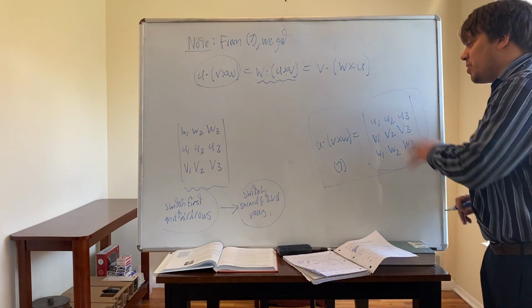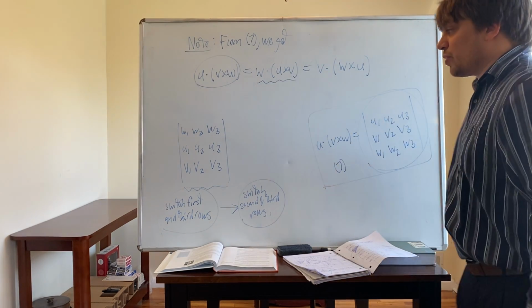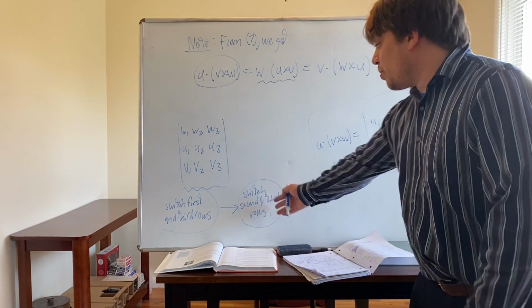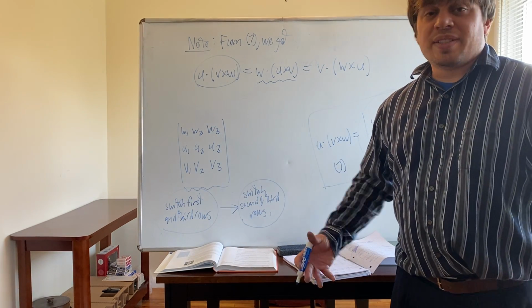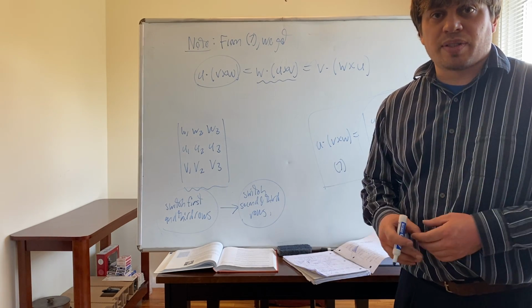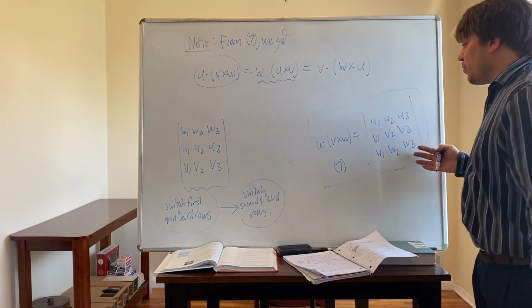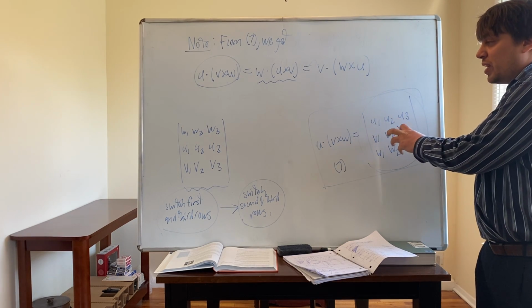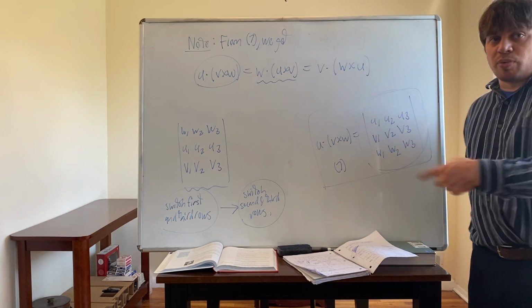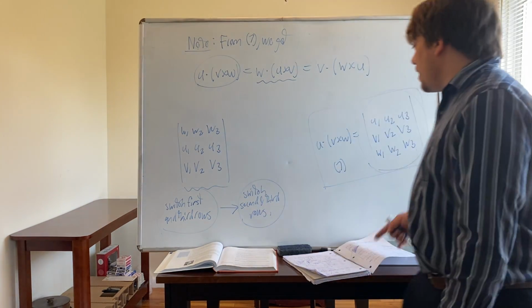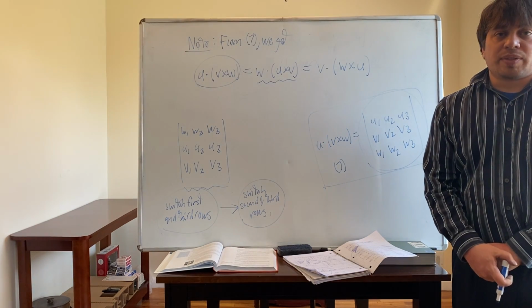So if you switch the first and third rows, the determinant of the new matrix is the negative of the old one. But then if you switch two rows again, you're taking the negative again of that determinant. And so by switching two rows twice, the determinant of the new matrix is just multiplying this by -1 twice. And so the determinant of the resulting matrix is equal to the determinant of the original matrix.